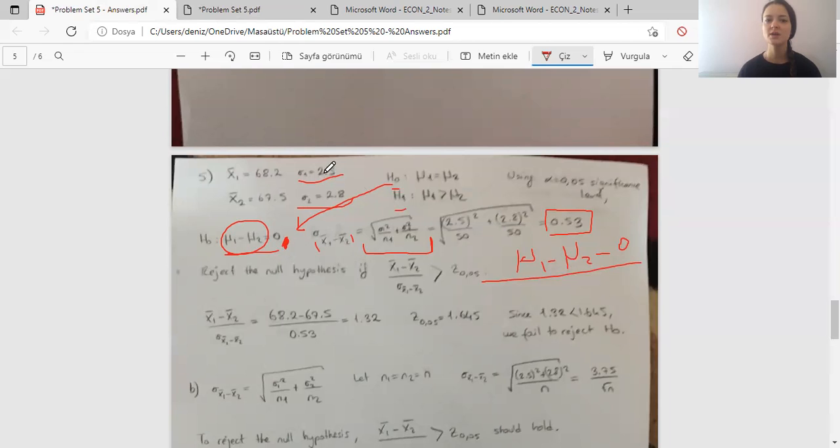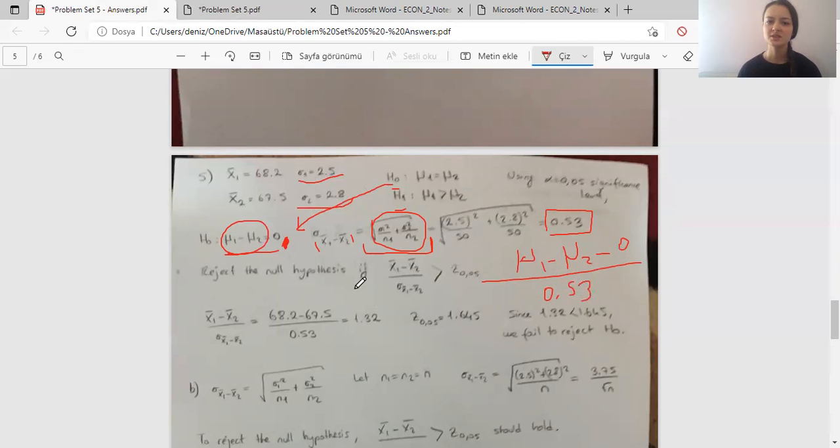Since we have two samples and we are dealing with the differences of them, we use the standard deviation of these two values as given in this formula, which is found to be 0.53.